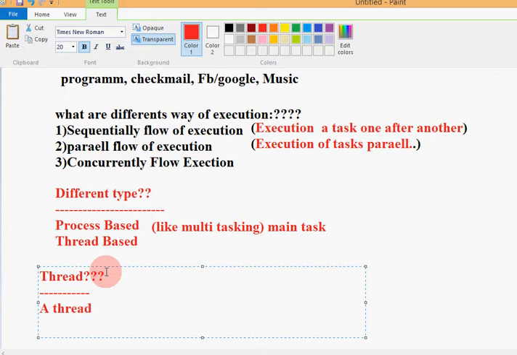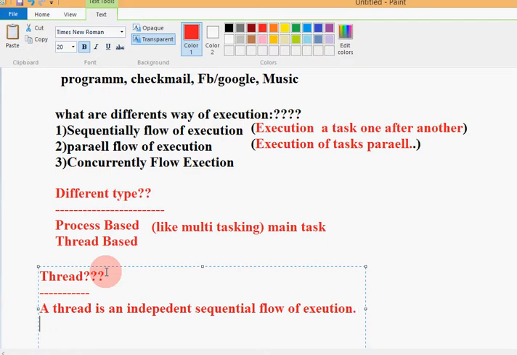A thread is an independent sequential flow of execution.